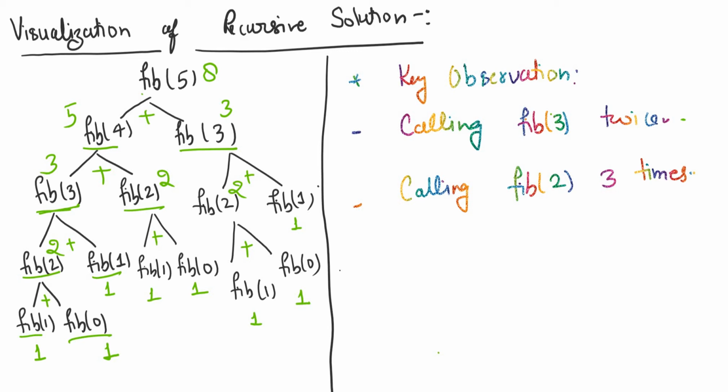There are certain key observations here. The first key observation is that we are calling Fibonacci 3 twice, where the first position is here and the second position is here.